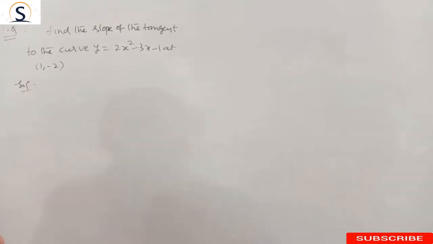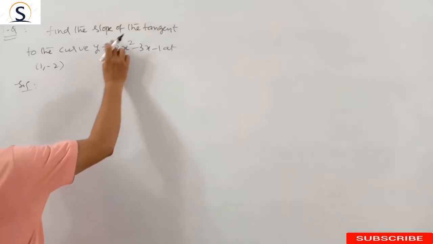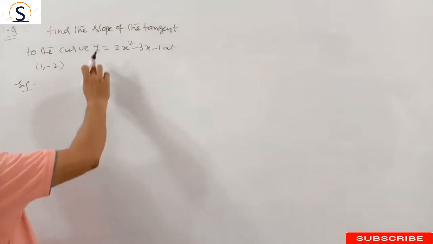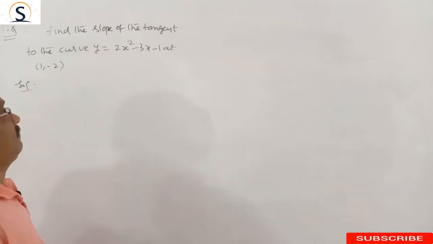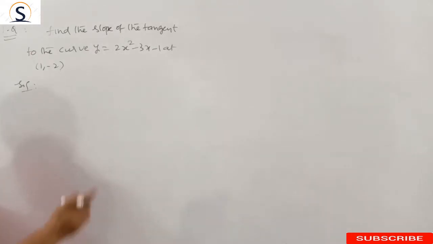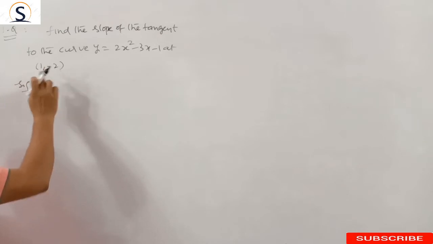So we want to find the slope of the tangent to the given curve. We have discussed that y is a function of x, then differentiate y with respect to x, that is dy by dx, and then after finding dy by dx, put x is equal to 1 and y is equal to minus 2.